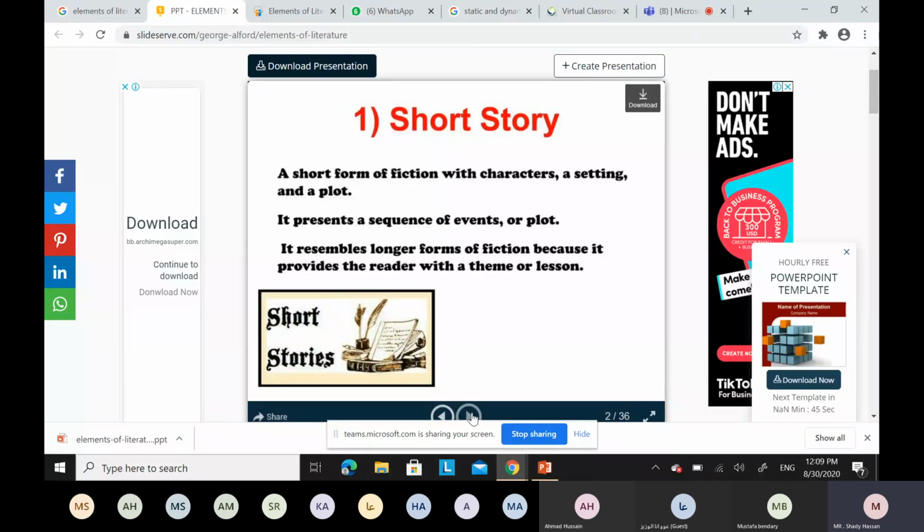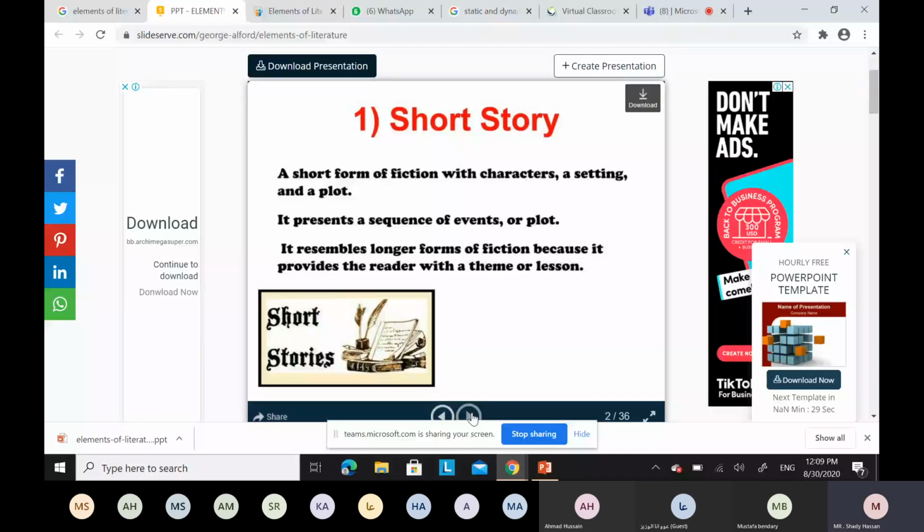Before the 18th century, there were no novels. People in England before the 18th century knew poetry, dramas, but they didn't know stories. They didn't have any stories.